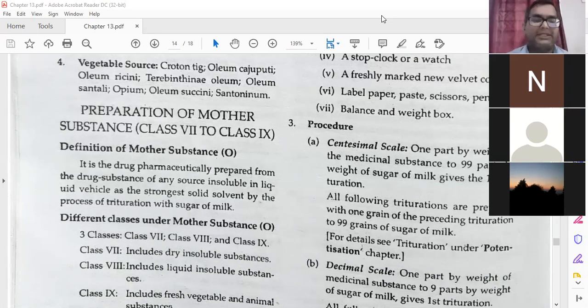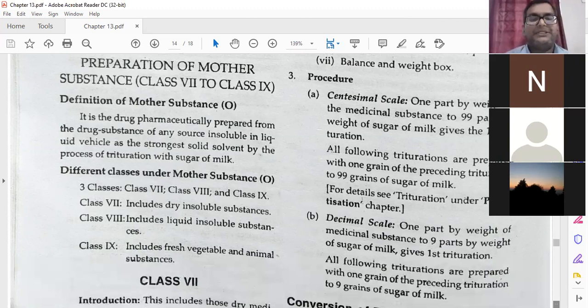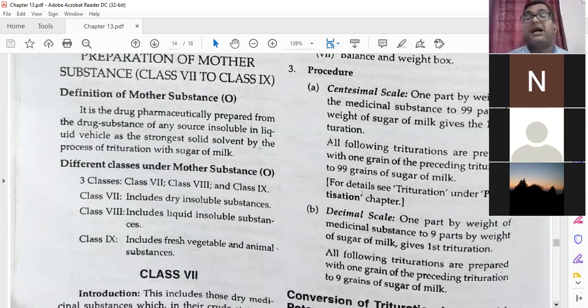Class 9 includes fresh vegetable and animal substances which are not soluble in distilled water and alcohol.